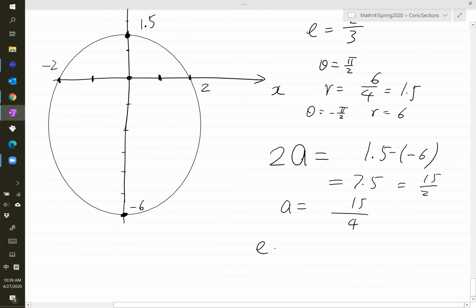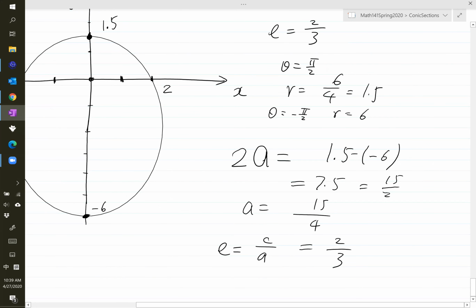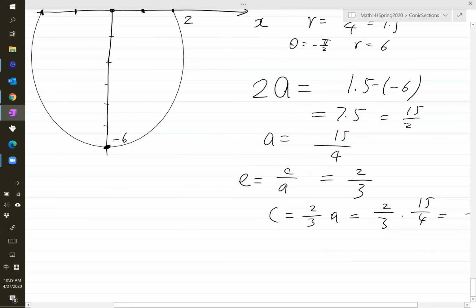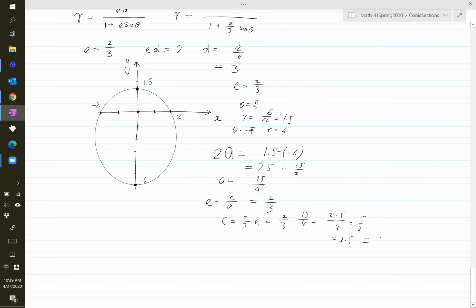Remember, E is C over A, which is 2/3. So C is 2/3 of A, 2/3 of 15/4, which is 5/2. So C is 2.5.